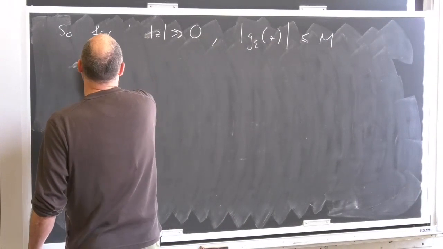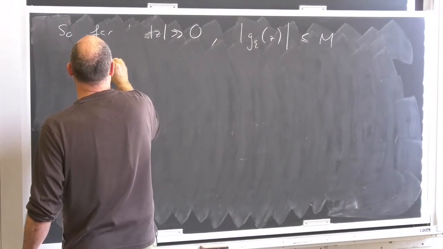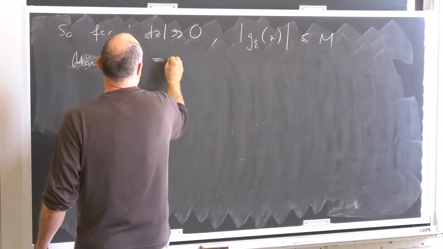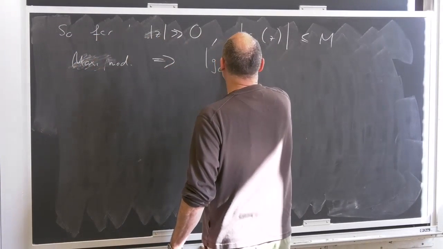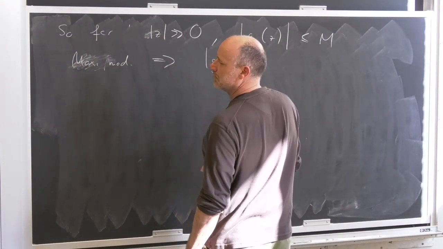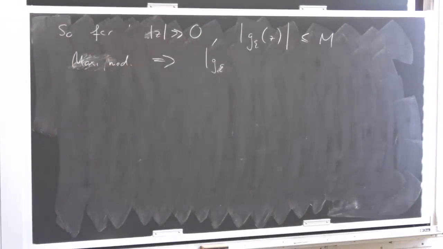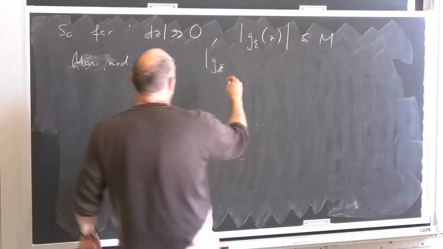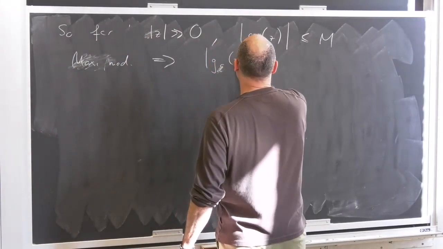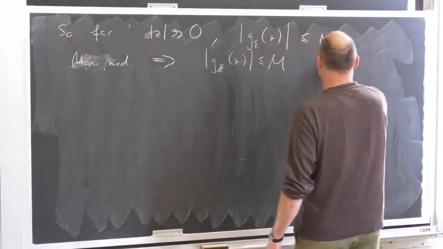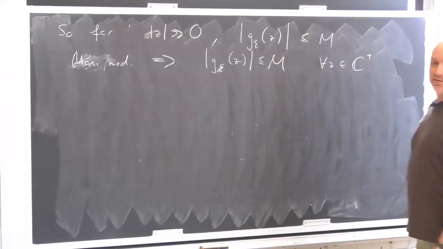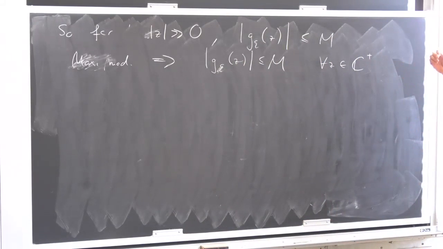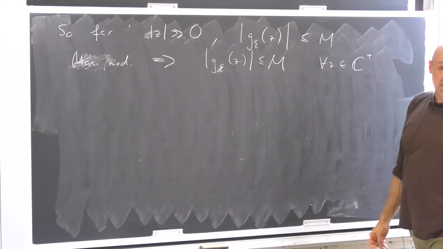By the maximum modulus principle, g epsilon of z will always be less than or equal to M for all z in C plus, because it's true in all sufficiently large bounded subsectors, so it's true everywhere.